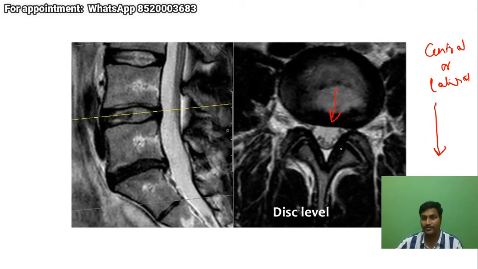Central is normal. You can see entire thecal sac is seen, nerve roots are seen. But here you can see the shoulder is obliterated. So this patient has right side, the shoulder is normal. So the patient has left lateral canal stenosis, and that is because of a foraminal disc bulge.